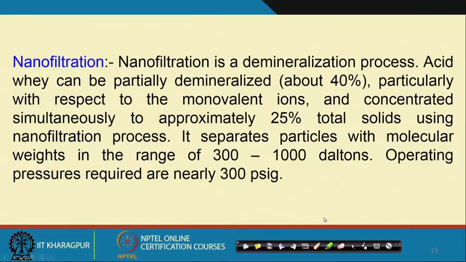Then we see nanofiltration. This word nano is nowadays utilized in many cases. Since it has come, I just cannot hold myself. Whenever a new thing comes, at least make it a little open to you, so that understanding in a bigger sense may be easier.